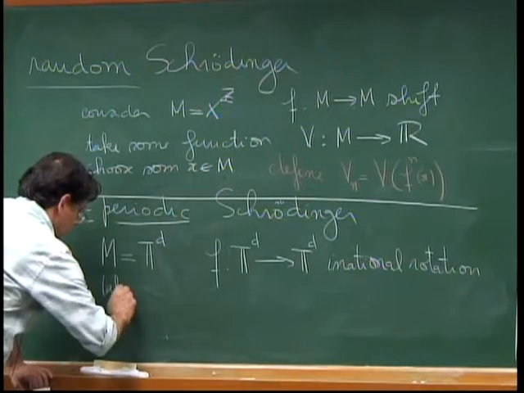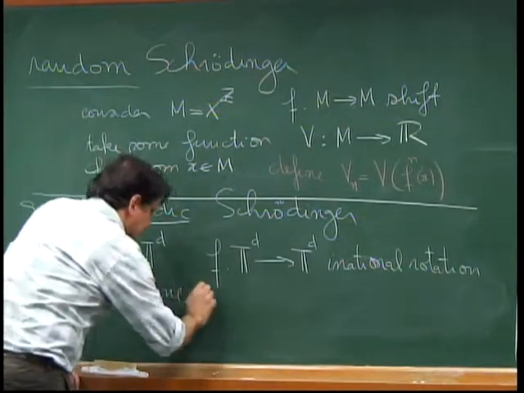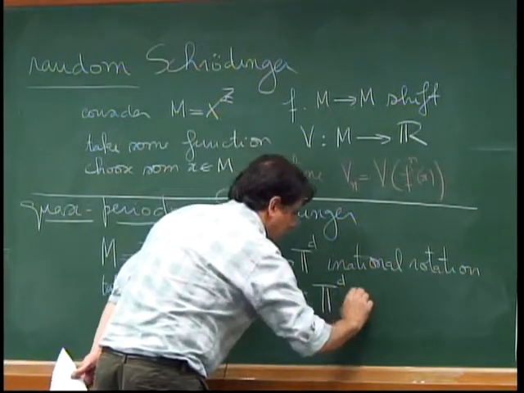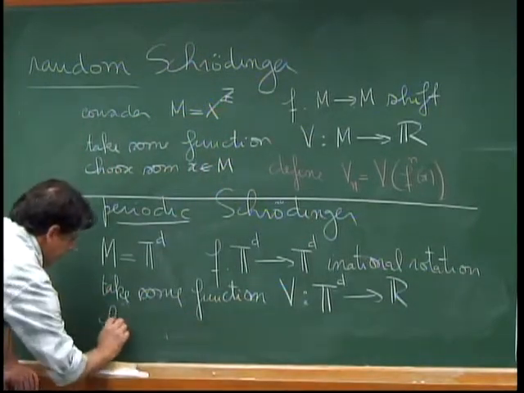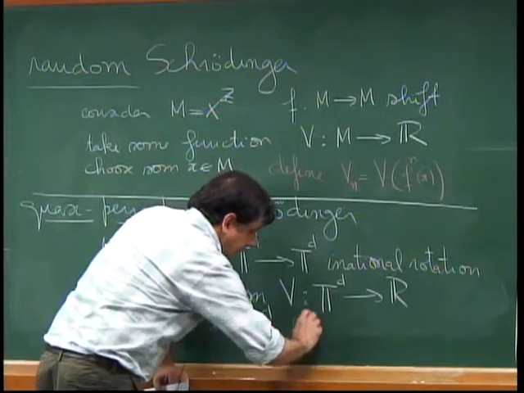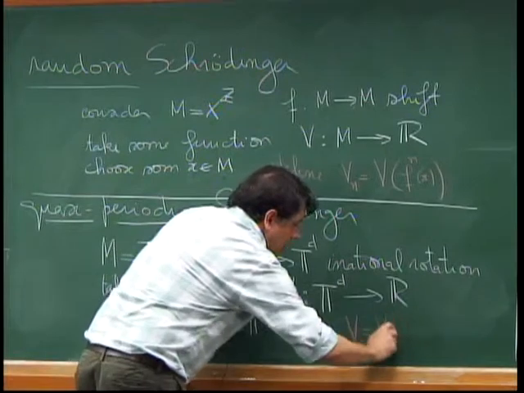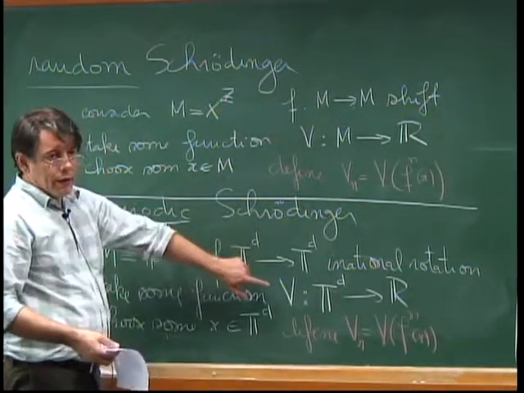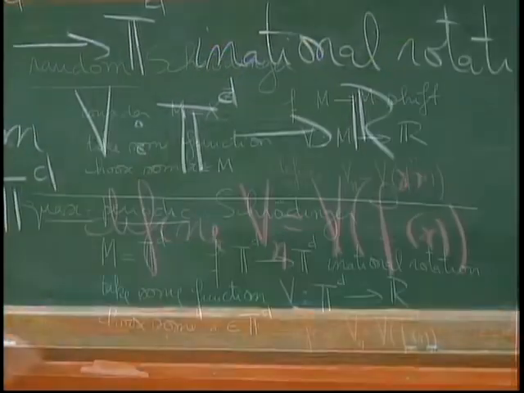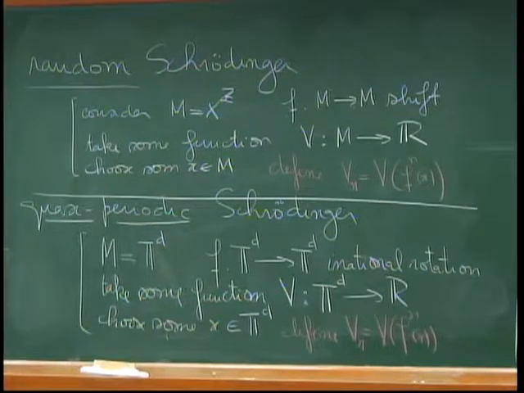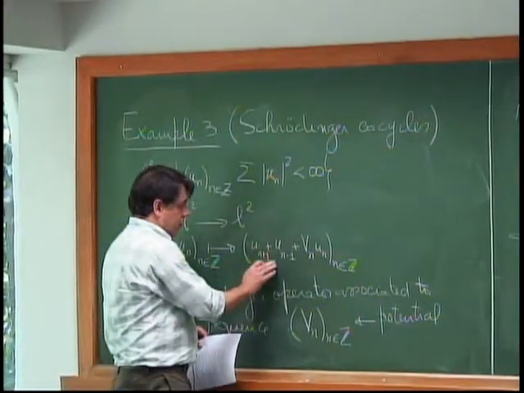And take some function v as before from Td to R, choose some x in Td, and then define Vn as V of Fn of x. And in fact, for many, many years, essentially all the papers were about d equals 1 and v is the cosine function. Now there's a much more global theory, but I'm not going to use this. I'm just telling you what are the two more popular constructions of the sequence Vn.